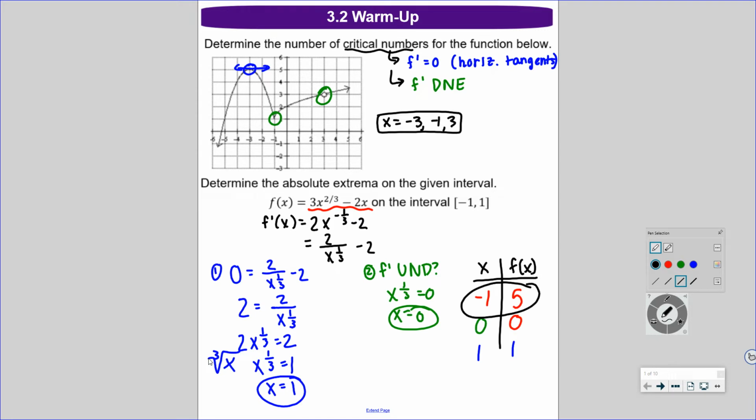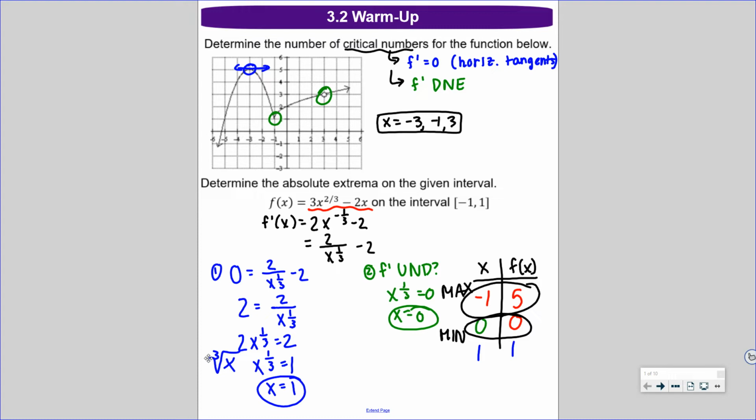I'm going to write it. And 0, 0 would be my min. Okay, so my curve has an absolute max of 5 when x is -1, absolute min of 0 when x is 0. Okay, how do we do? Feel like it's a little algebraic and not too complicated, but makes sense too, what we're doing.